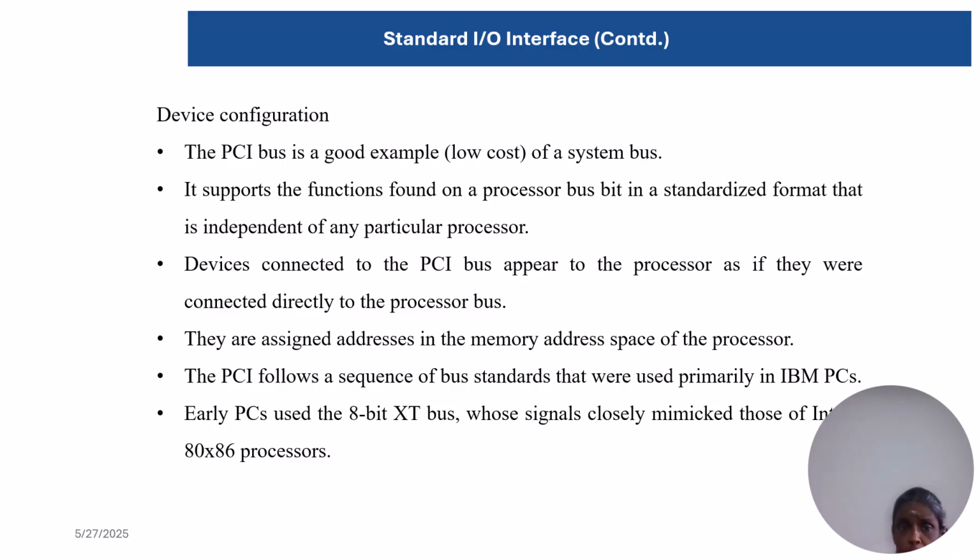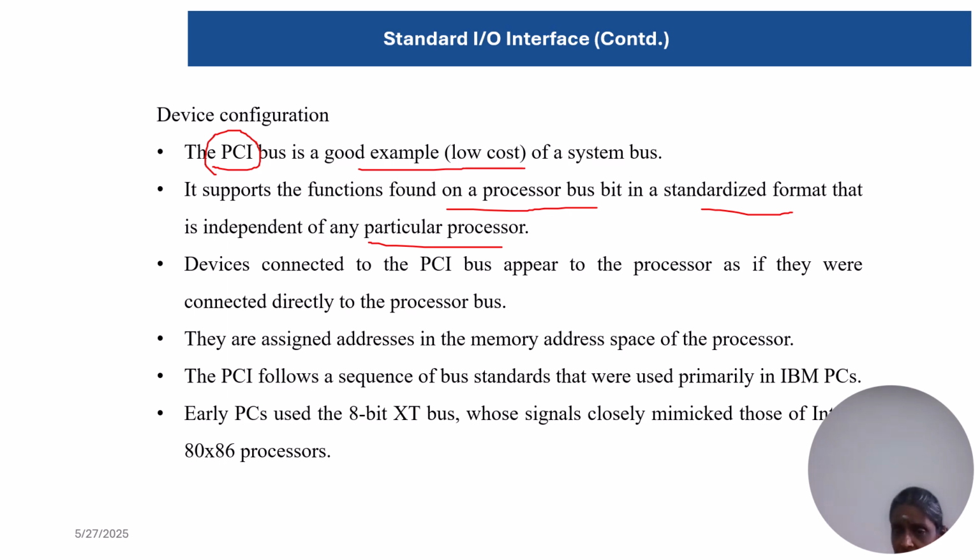The PCI bus is a good example. That means low cost, the most commonly used system bus. It supports the functions found on a processor bus in a standardized format that is independent of any processor. That is why we are adopting the PCI bus. It is low cost and most frequently used.